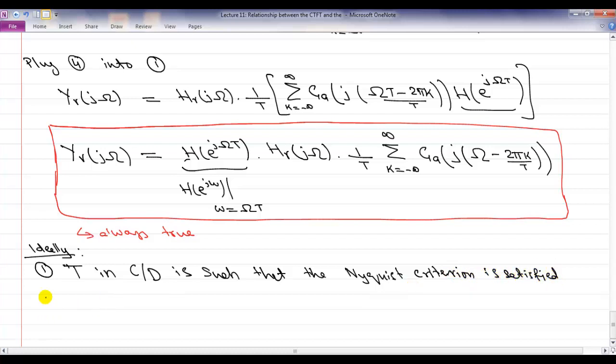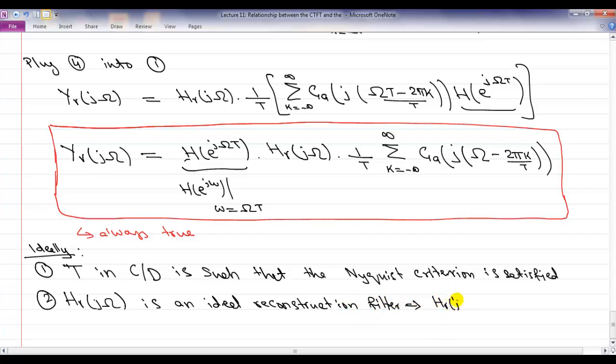And what is the other ideal assumption that we make? That the reconstruction filter corresponds to sinc interpolation. It's a perfect low-pass filter. So H_R of j omega is an ideal reconstruction filter, which means that it is equal to capital T for omega less than or equal to pi by T and 0 otherwise.